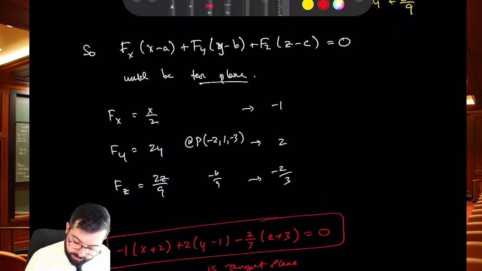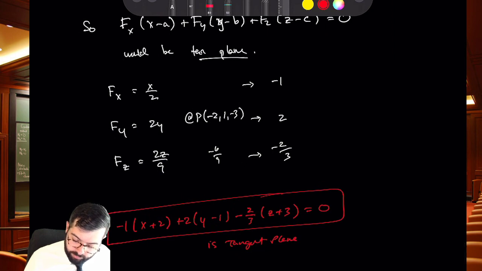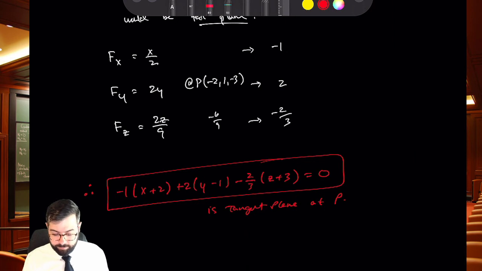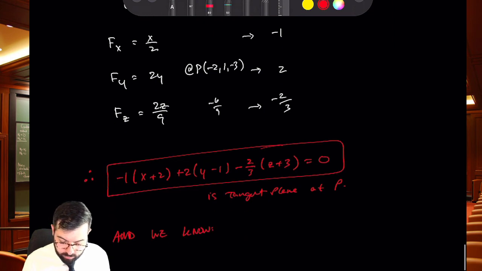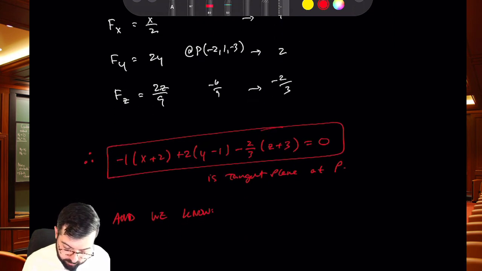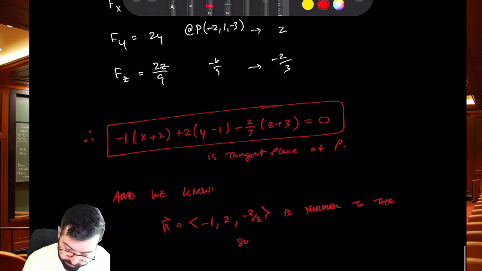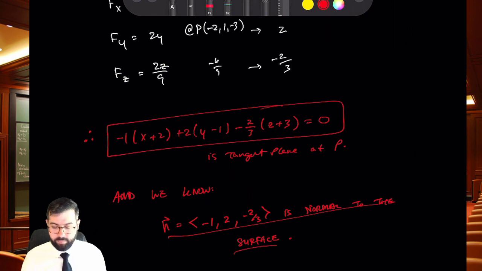Is the tangent plane to the above function at point P. And we know this is normal to the surface, right?